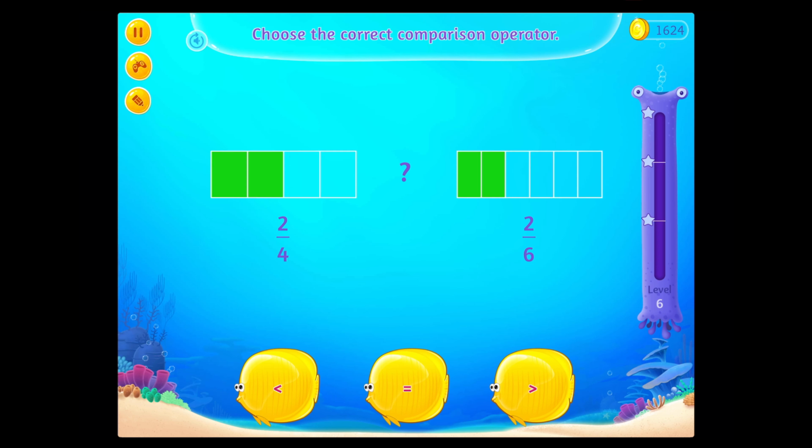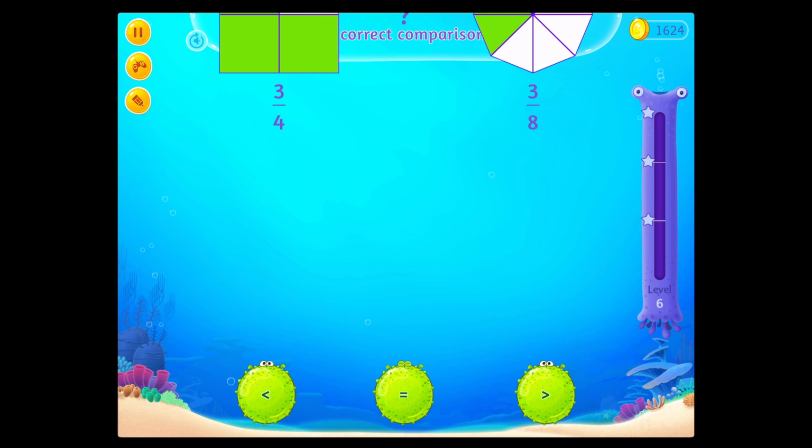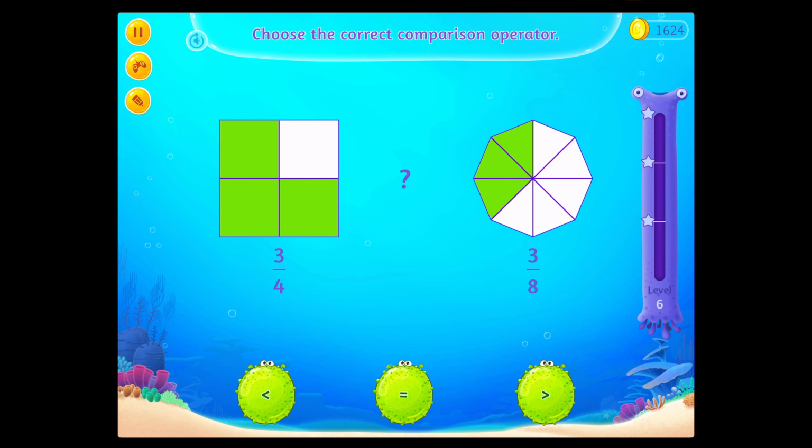Choose the correct comparison operator. No. Choose the correct comparison operator.